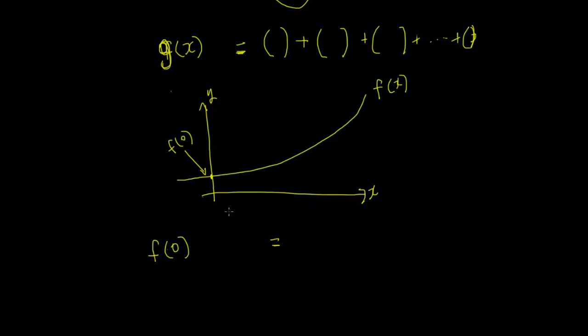If we make a first approximation, what we would like is for the first guess to be the actual value at that point 0. So we want f of 0 to equal g of 0. All we're really doing there is approximating this function using a straight line that goes through that point.